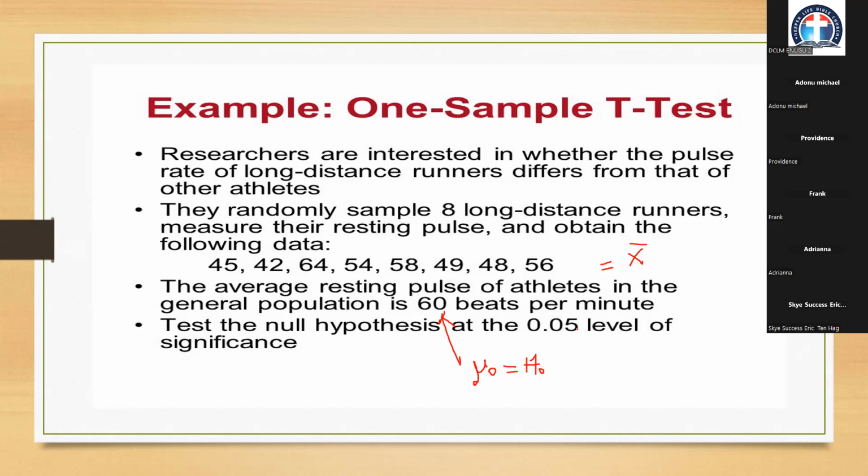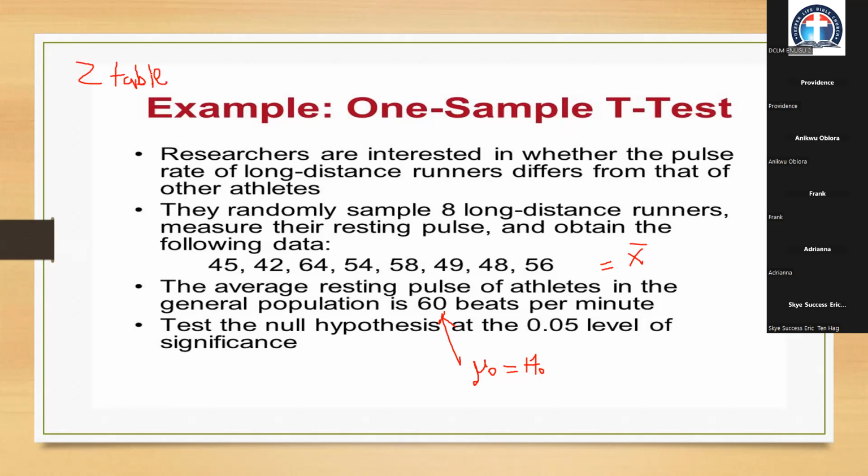Now, I taught you that there's what you call the Z table. I hope you still remember there's the Z table. Are you with me? Yes, sir, we are with you. Okay. You remember there's a table called the Z table.